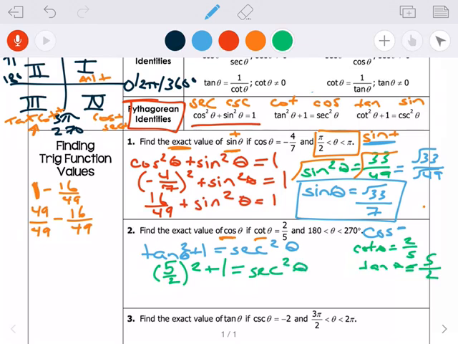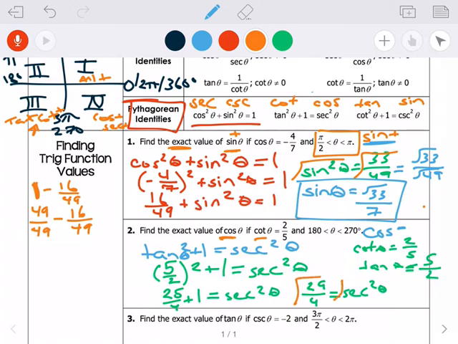I'm not solving to find secant, but I know secant is just the reverse of cosine. So 5/2 squared is 25/4, plus 1, and 1 is equal to 4/4, so that gives me 29/4 equals secant squared theta.